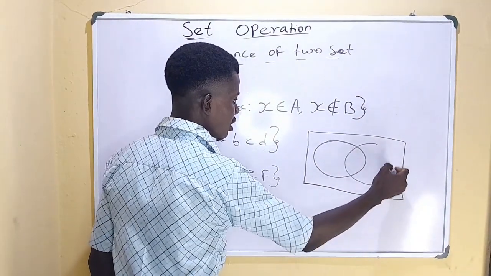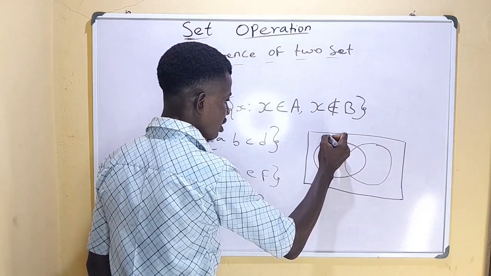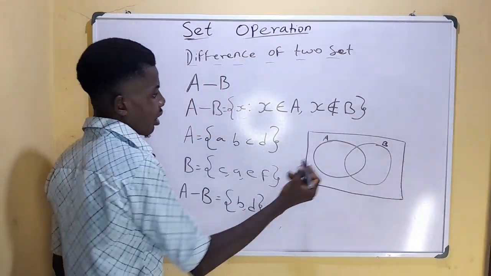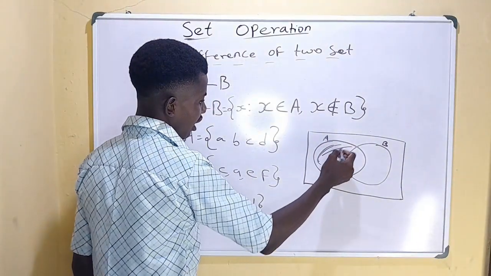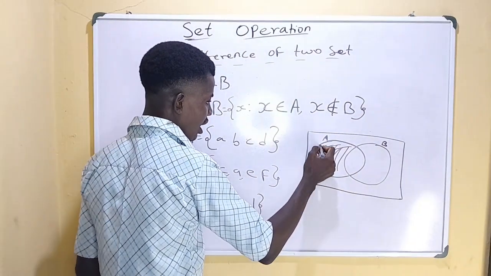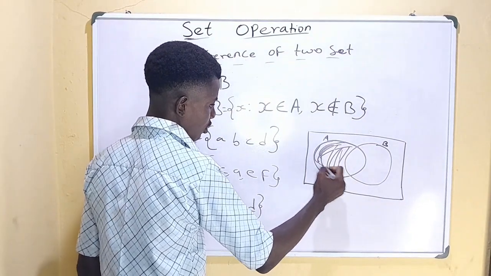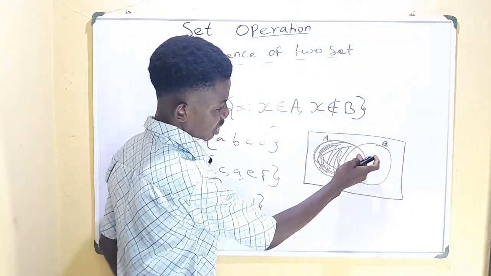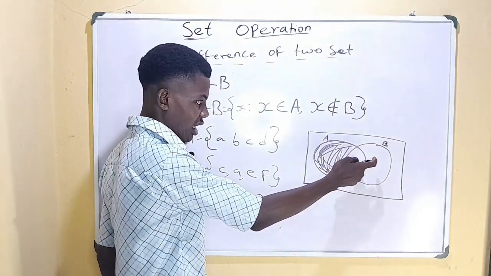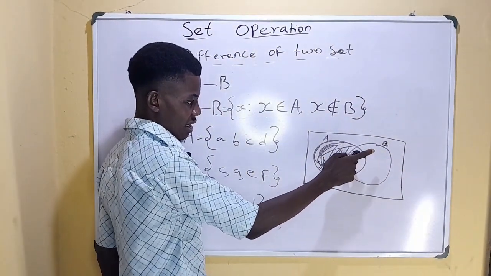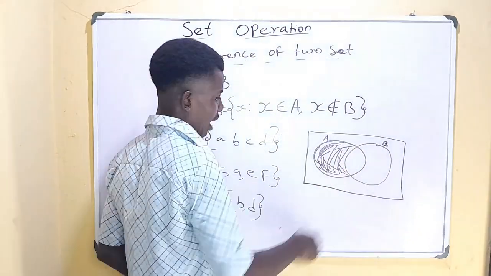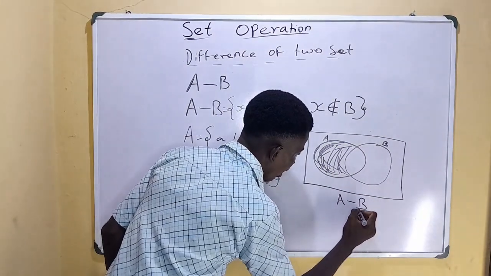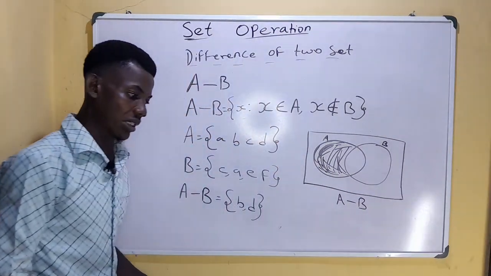A and B. Here is A and here is B. We will now shade here because it is only A minus B. We cannot shade here because if you shade here, some part of B is inside here. So it's only A minus B. So this is a Venn diagram of A difference B.